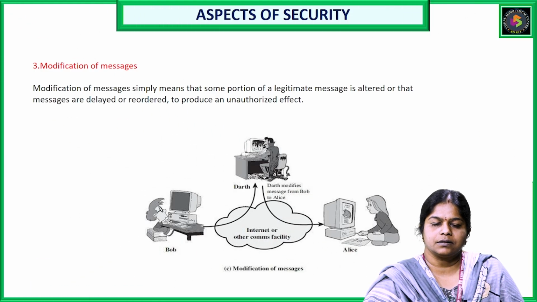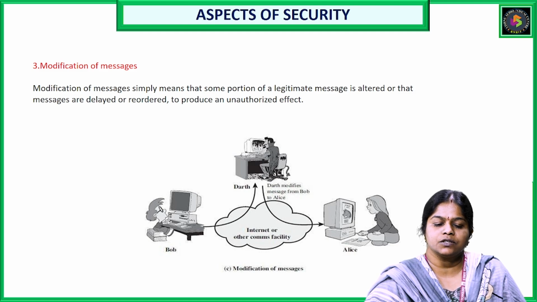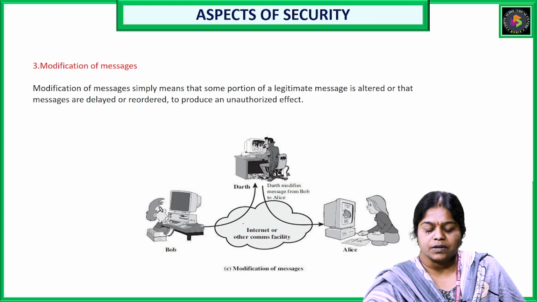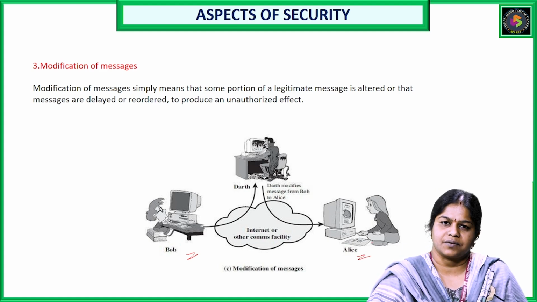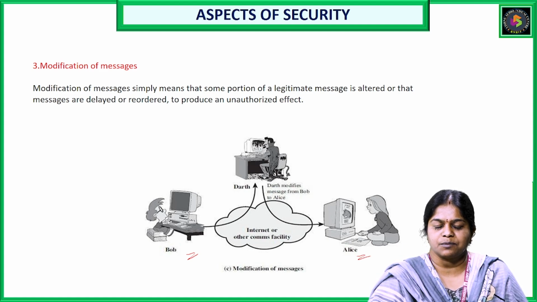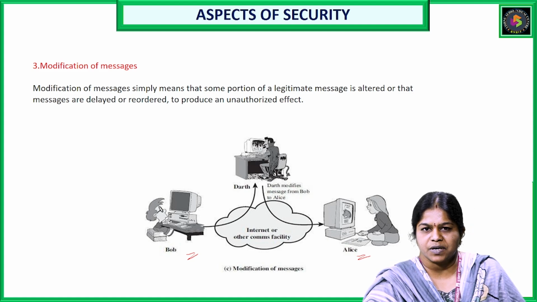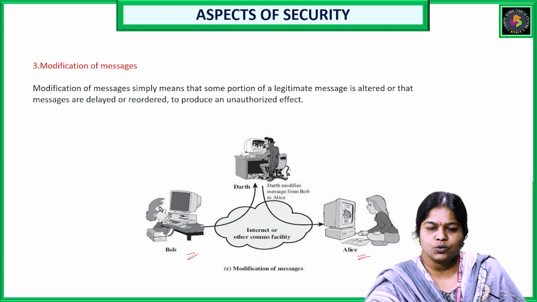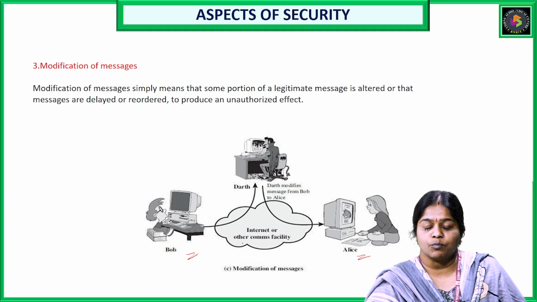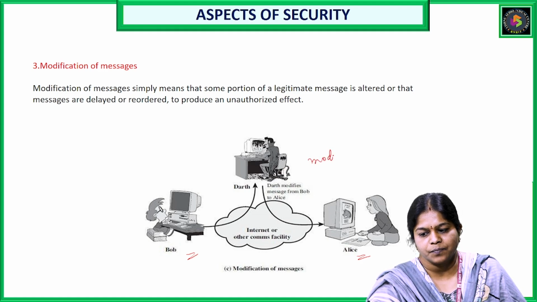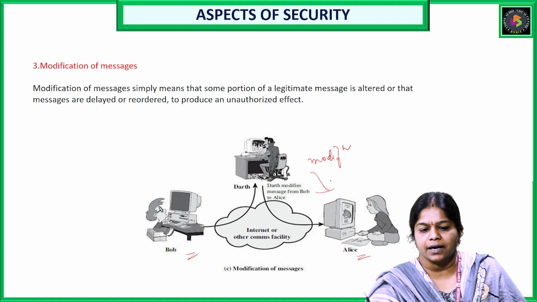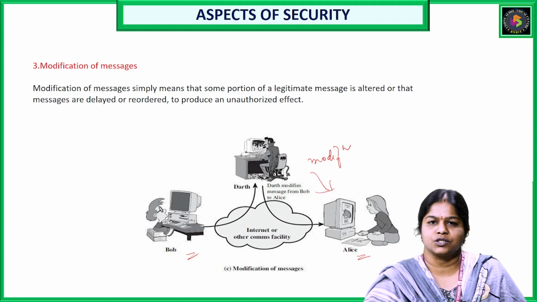The third active attack is modification of messages. Here we have two entities, Bob and Alice, transmitting particular information in a session. In modification of messages, whatever message Bob wants to transmit to Alice, the opponent takes the message, does some modification, and again transmits the message to Alice.